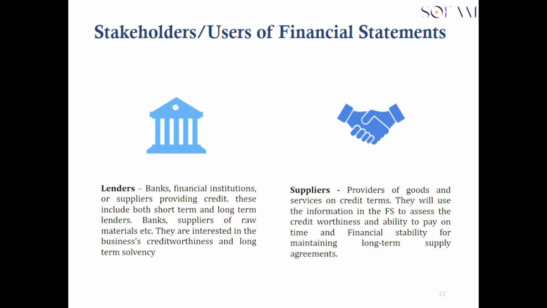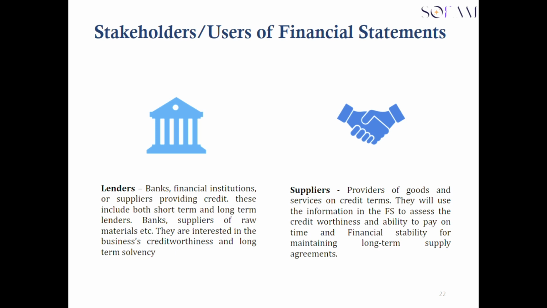The next one has to do with suppliers. So suppliers are providers of goods or services on credit terms. So they use your accounting information or the information contained in your financial statement to assess your credit worthiness and also your ability to pay on time.